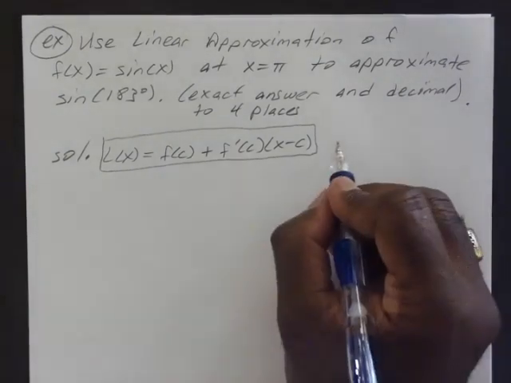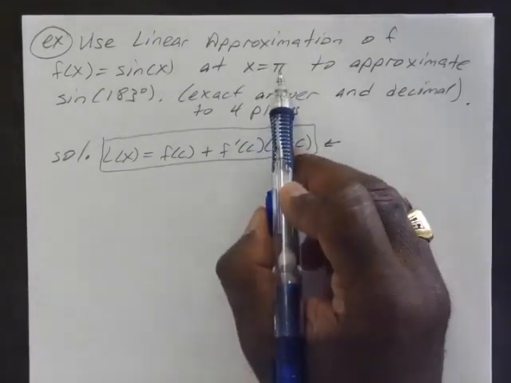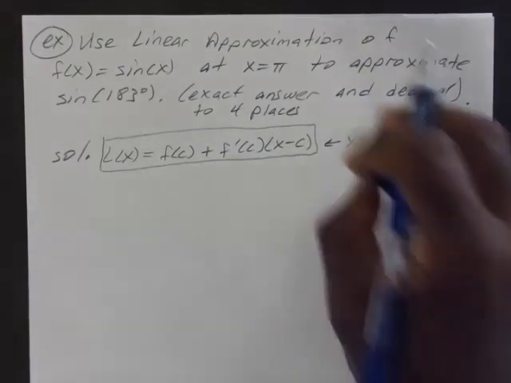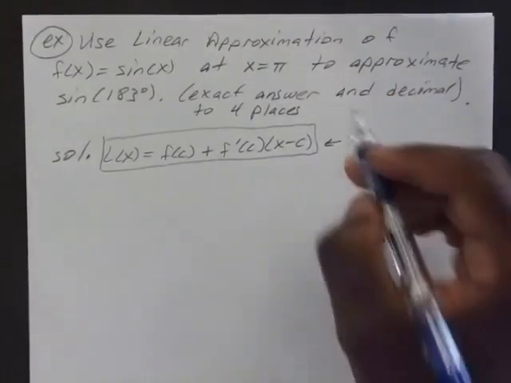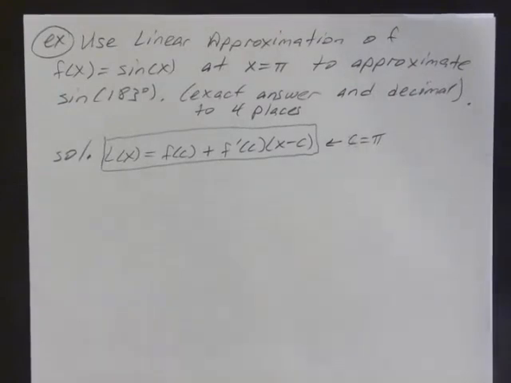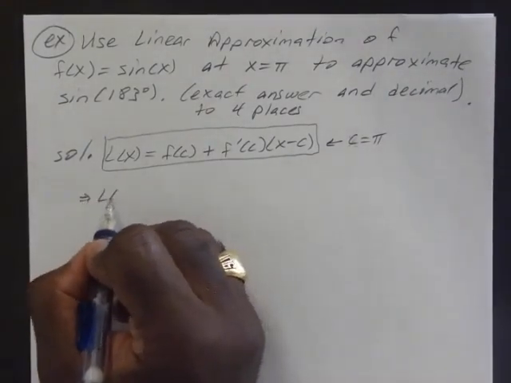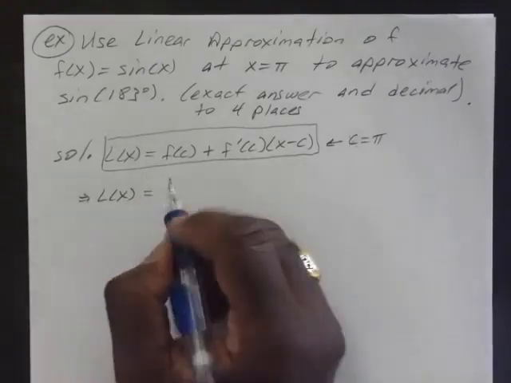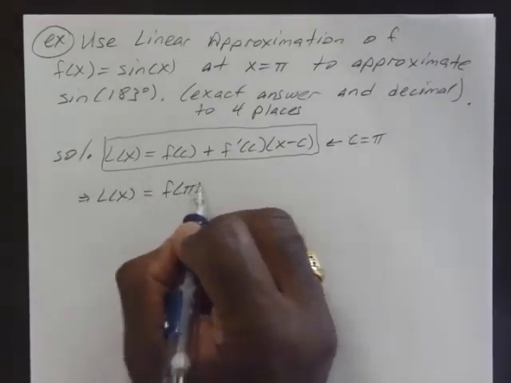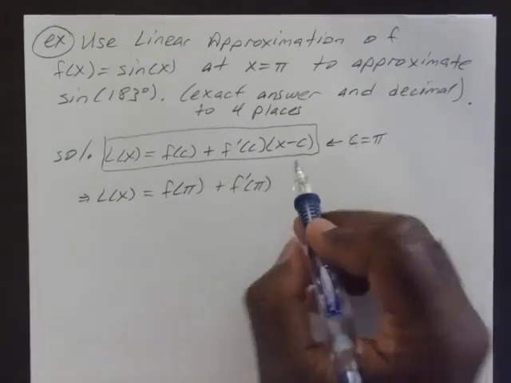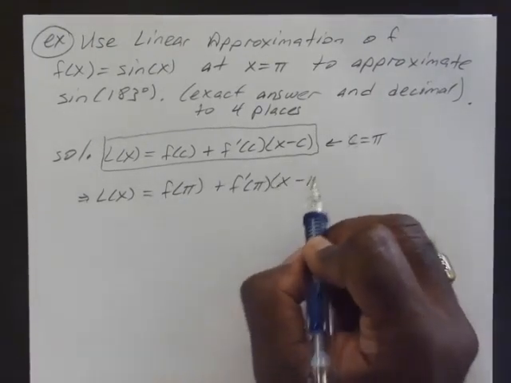In this case, c is equal to pi. So that means that L of x is equal to f of pi plus f prime of pi times x minus pi.